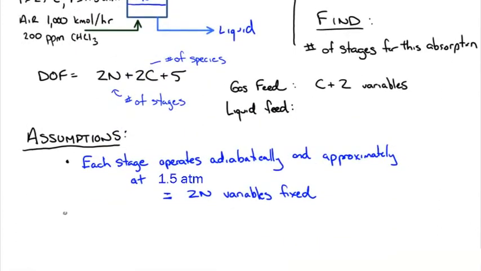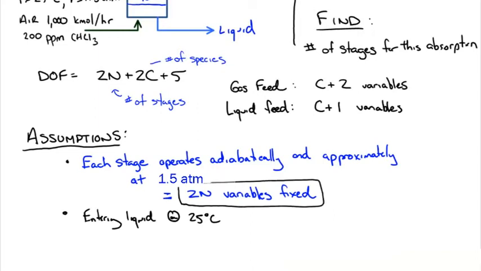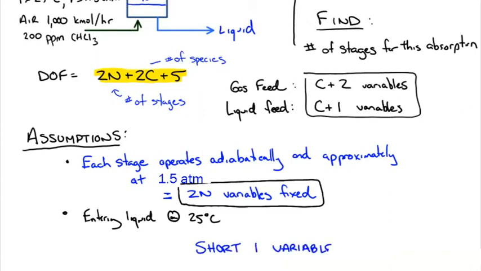So we could assume that the entering liquid is also at 25 degrees, but we are not given a flow rate for the liquid, so we only fix C plus 1 variables. If we take into consideration how many we could fix with our assumptions and how many we are given, and compare this to our degrees of freedom for our absorption column, you can see that we are short one variable. And as mentioned, this is going to be the flow rate of our liquid stream.